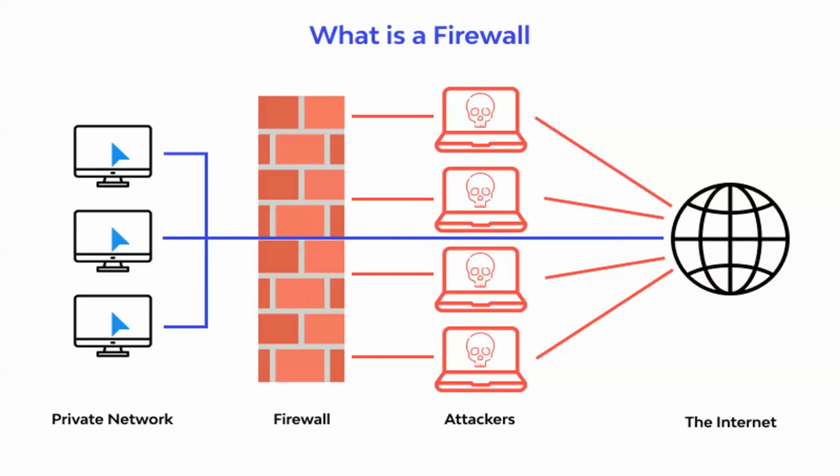Yes, let's take an example for the rule. In the rule there will be some fields like source, destination, protocol, or the application. In the source, we will define our IP.